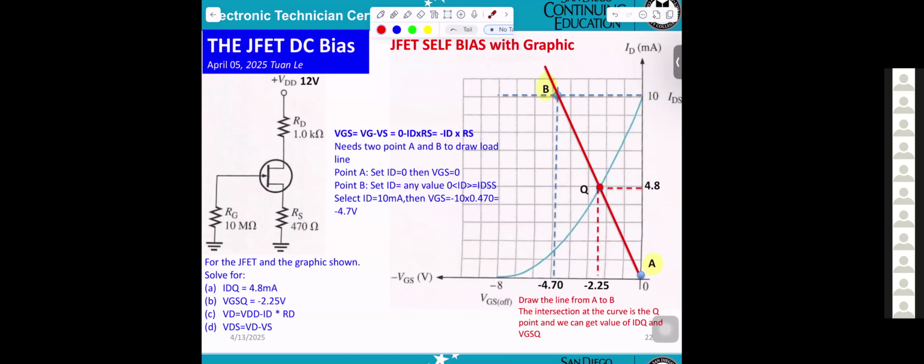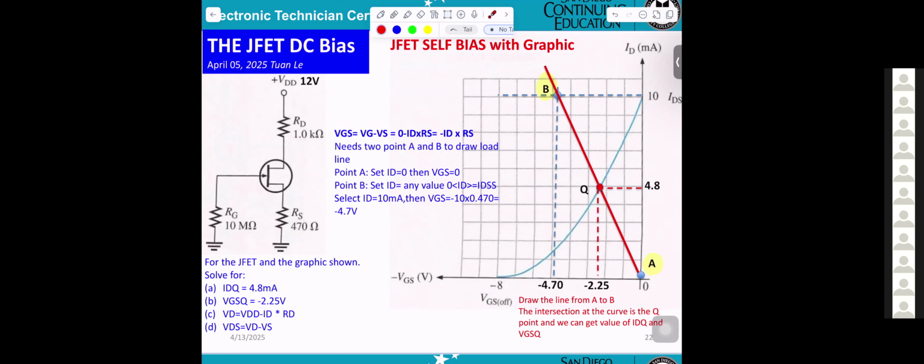Then you can draw the line and you can get the Q point. Okay? So, how do we get the point A in here? You can see basically VGS equal VG minus VS. Okay? VG equal 0. Nothing here.